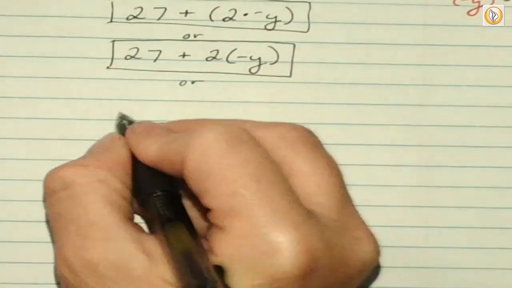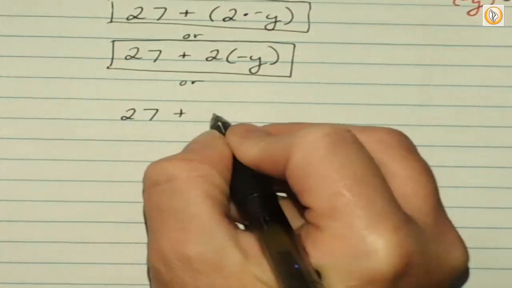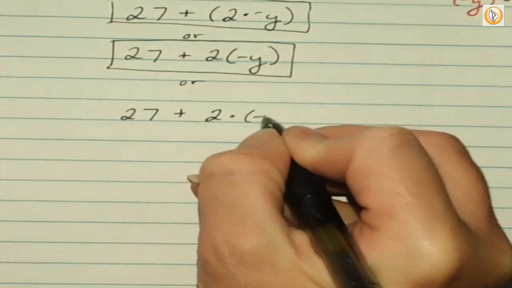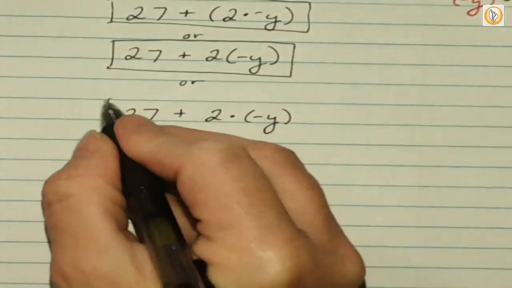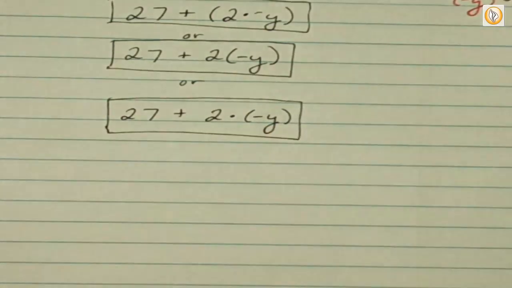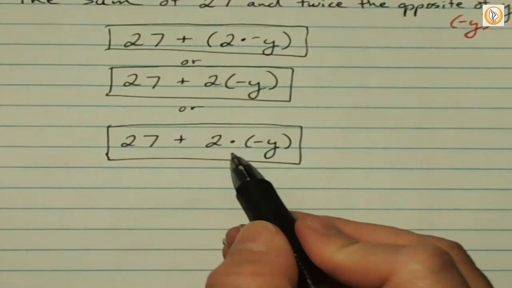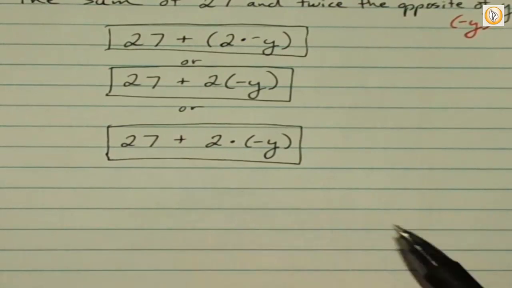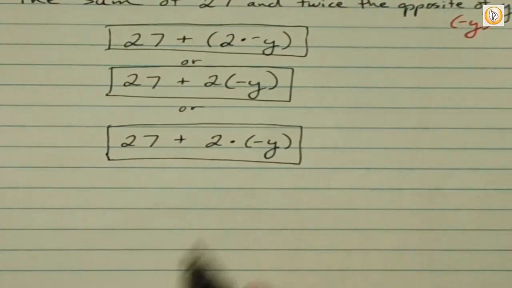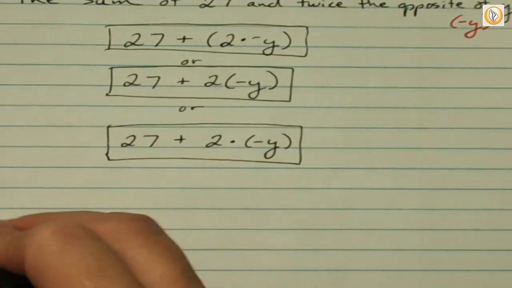Yes, in all reality, because by PEMDAS, order of operations, you would do the multiplication first anyway, before you add it. Very good. Any questions? Okay, I got 2 more.